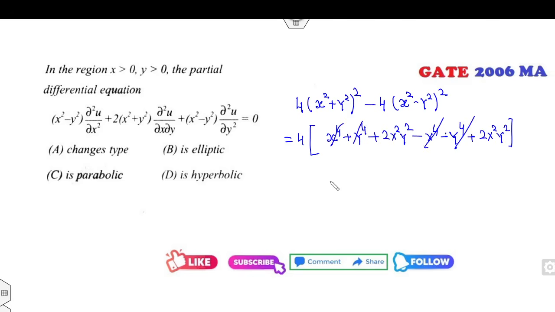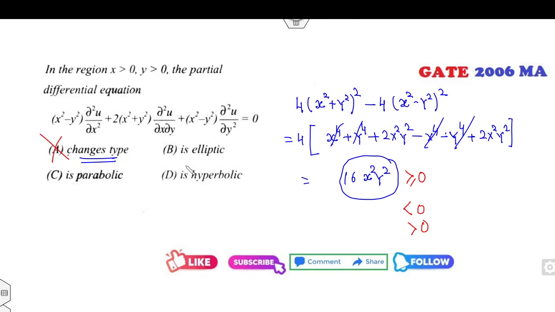So the quantity will be 4 into 4, 16 x square y square. Now, does it change the type? It will never change because it is always greater than 0 or equal to 0. Changes type means sometimes it's less than 0, sometimes it's greater than 0.